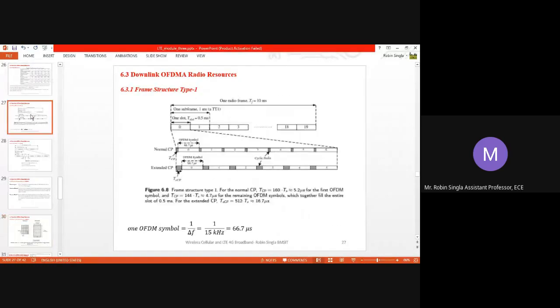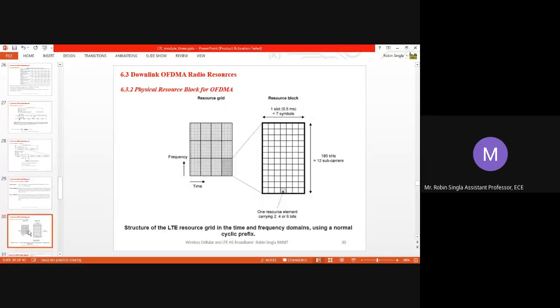We have just seen that one slot is of 0.5 millisecond. And how many symbols will one slot contain in normal CP? 7. So in case of normal CP, there are 7 symbols. You can see 7 small blocks. Okay. If we see this time domain, the size is 7 because there are 7 symbols.